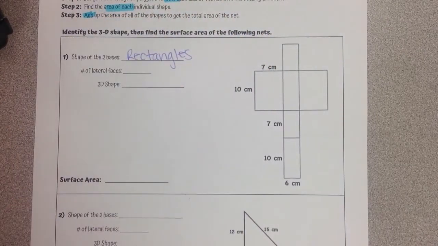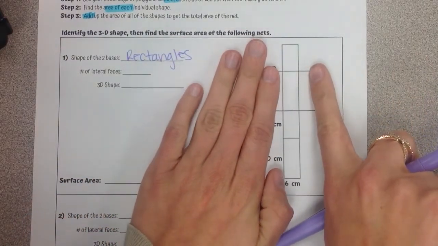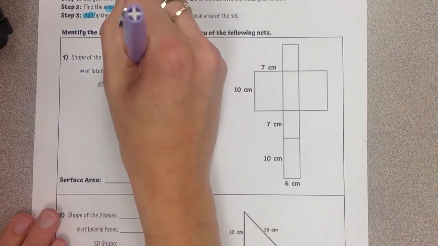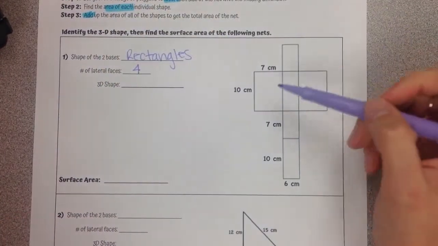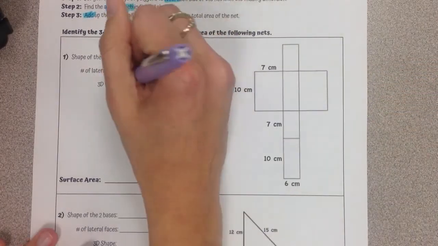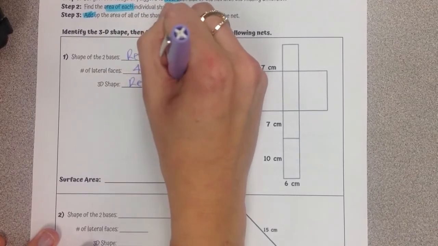And then how many lateral faces? If we take away those bases, the number of lateral faces is 1, 2, 3, 4. So when you've got two rectangular bases and 4 lateral sides, that makes a rectangular prism.